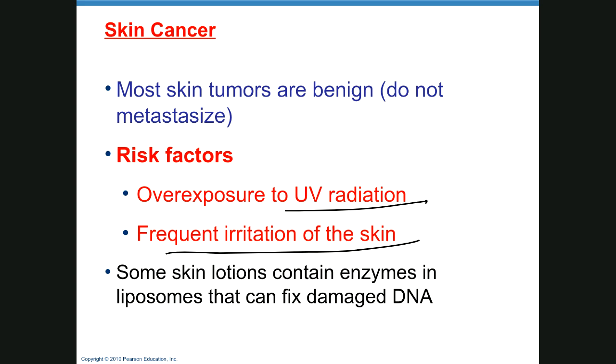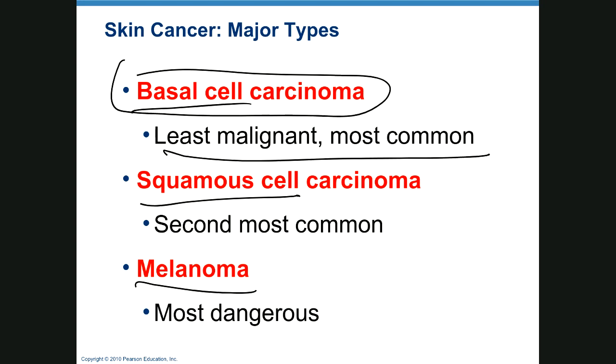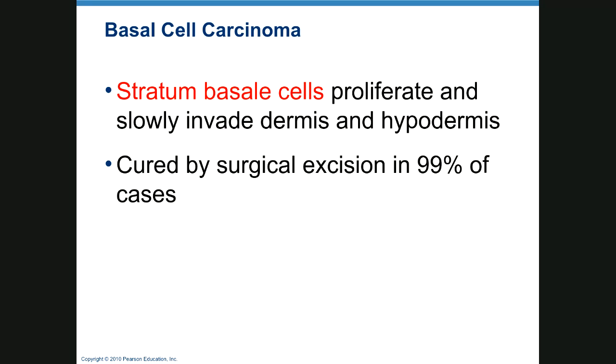All right, so there's 3 basic types of skin cancer. These are the major types: basal cell carcinomas, squamous cell carcinomas, and melanomas. Notice that they're named after the cells in the epidermis that cause the cancer. So basal cell carcinomas are the most common, the least malignant. They are made by the basal cells in the basal layer, which begin to proliferate and cause a lesion, a little tumor.